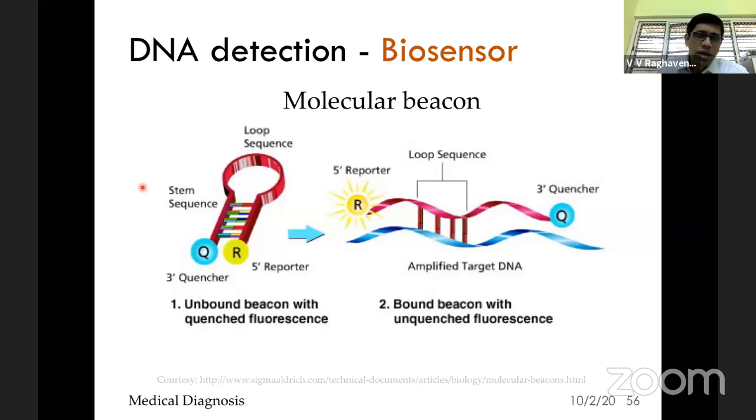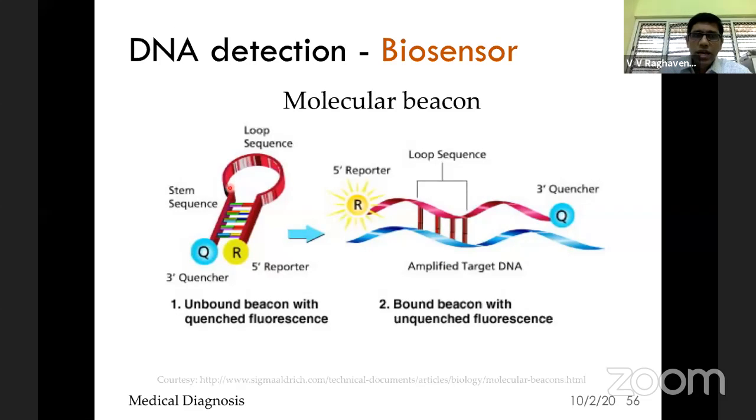The two ends hybridize, and the quencher and reporter come together. However, you also have the loop region, a single stranded DNA sequence that is complementary to something of interest to you, a target analyte, a target DNA.